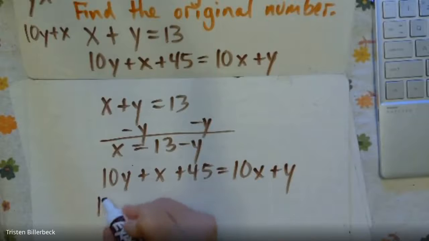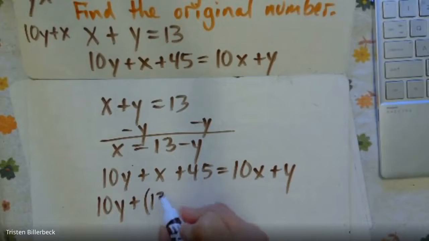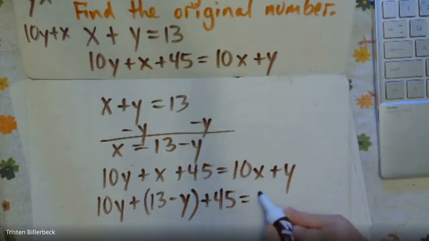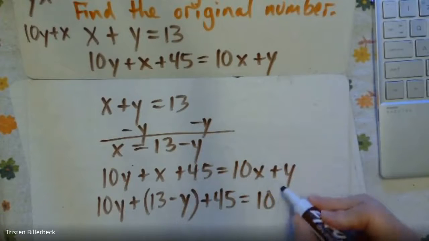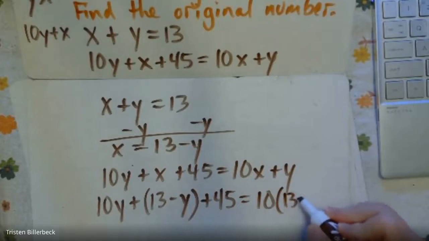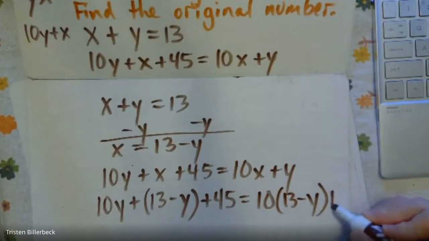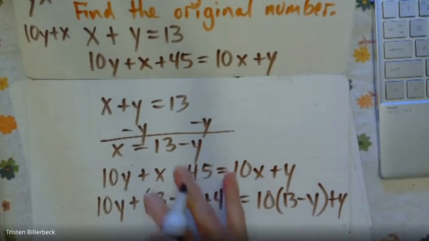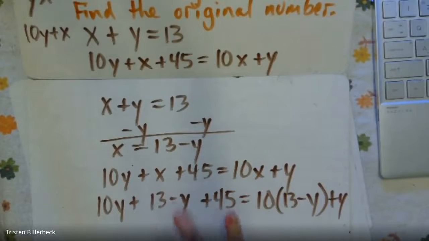So I have 10y plus 13 minus y plus 45 equals 10, and I'm going to substitute this again in for x. 10 times 13 minus y, plus y. Okay, so I don't really need these parentheses here. I just put them in there so you knew that that was x.